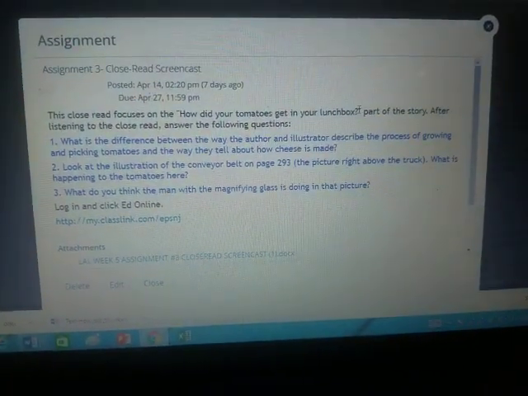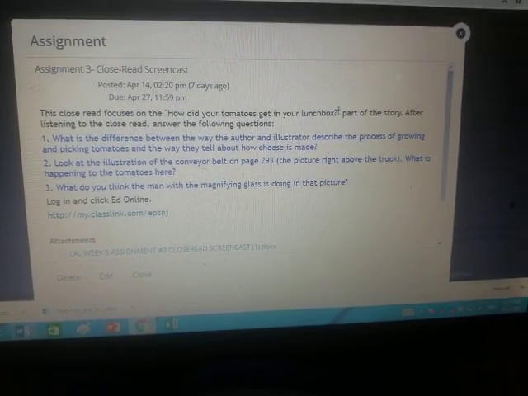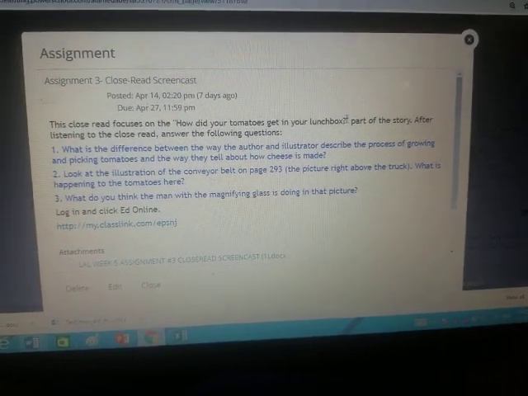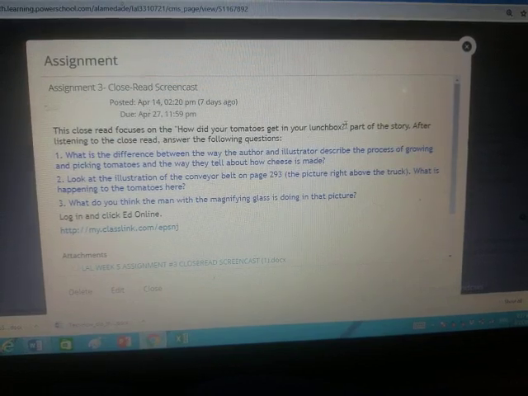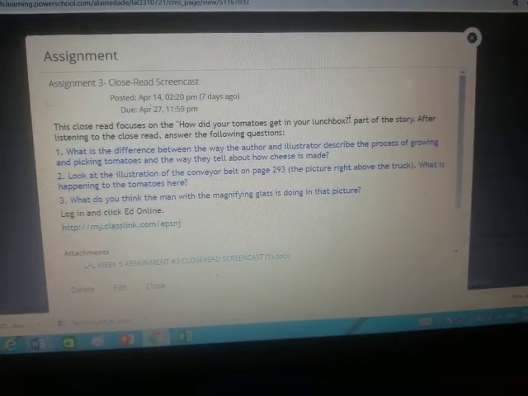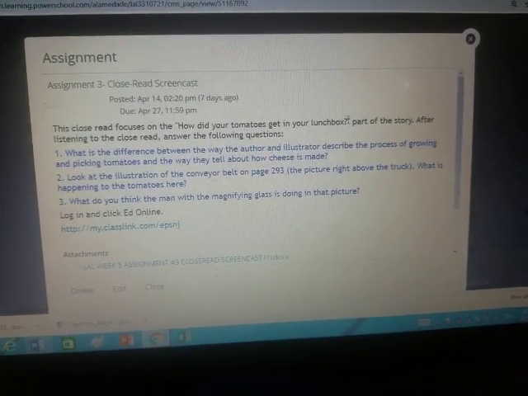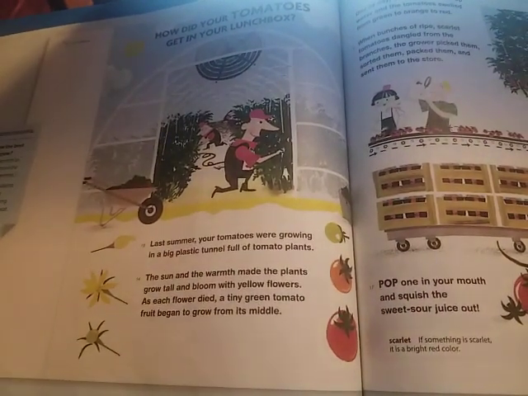Now, it says, this close read focuses on how did your tomatoes get in your lunchbox part of the story. After listening to the close read, answer the questions. The first question is, what is the difference between the way the author and illustrator describes the process of growing and picking tomatoes and the way they tell you about how cheese is made? So tell me the difference between growing and picking tomatoes, and how it's different from making cheese.